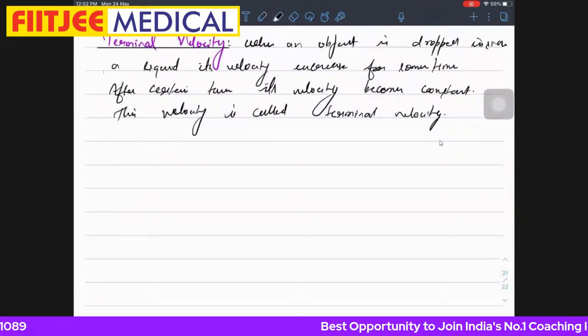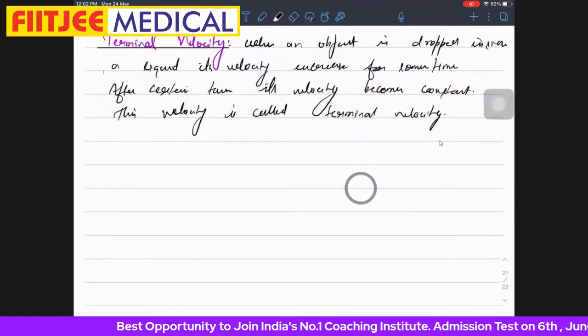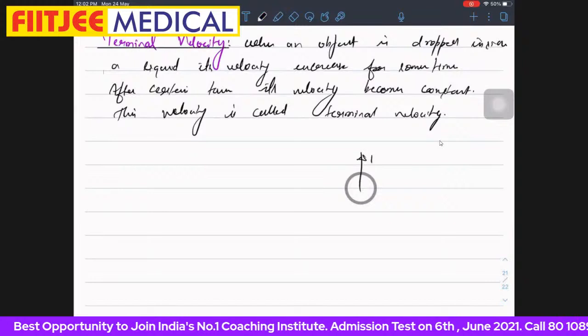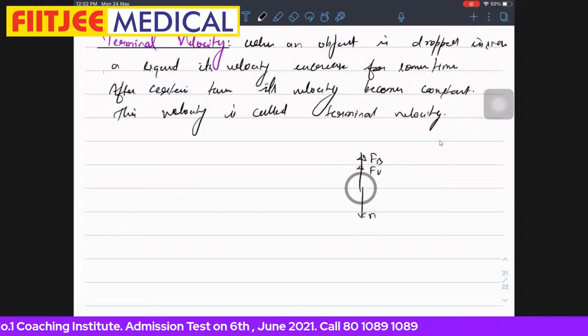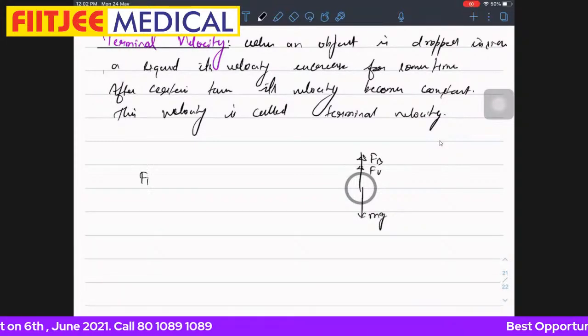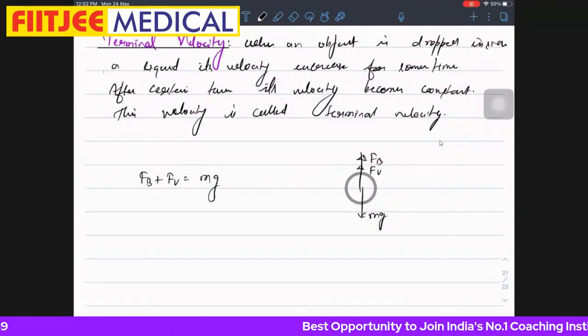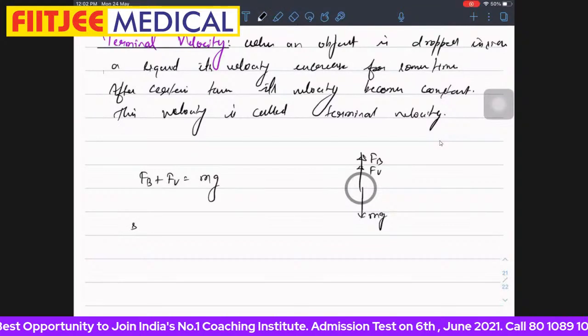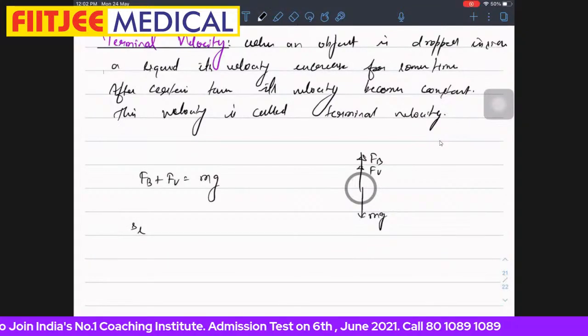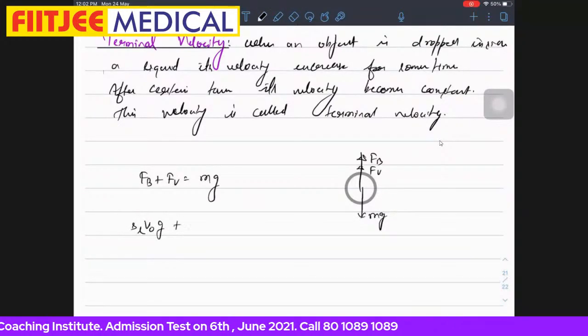Try to think, if a sphere is there, what forces will act on this sphere? Buoyancy and viscous force upward, and mg downward. So I can write viscous force plus buoyancy force equals mg. Buoyancy force is density of liquid into volume of object into g.